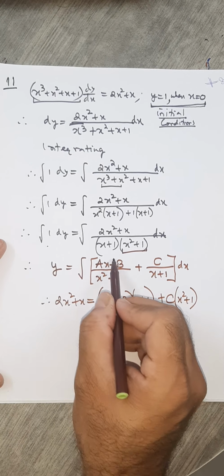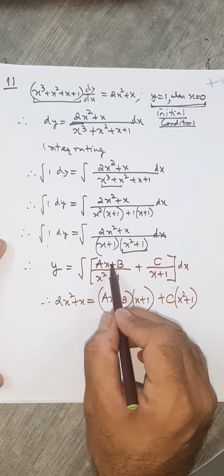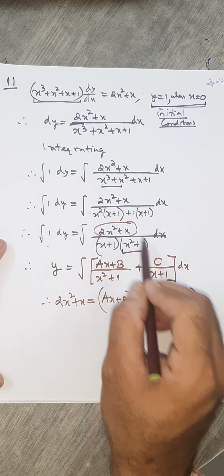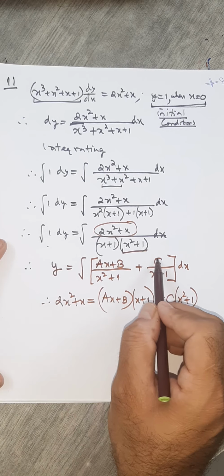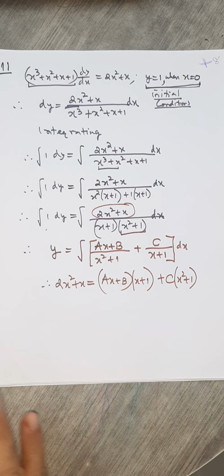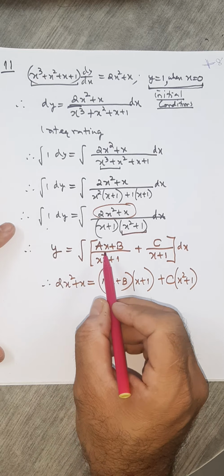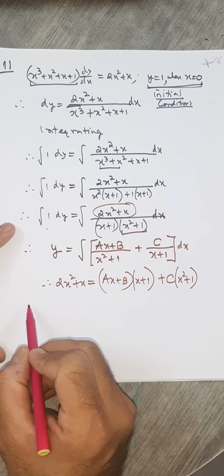What I did, taking cross multiplication, so both the denominators are the same. I've just compared this numerator with the numerator after doing a cross multiplication. You know this, I'm just reminding you. Now we choose the values of variable x. How many times? 3 times. Why? Because there are 3 unknowns.